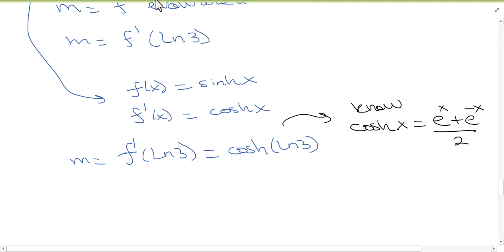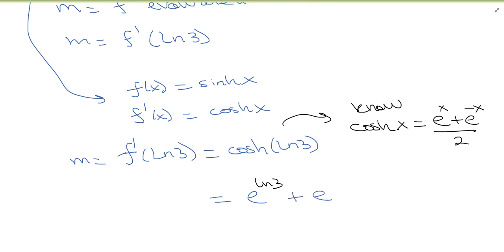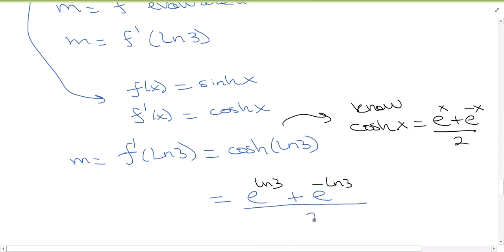So cosh of natural log of 3: x gets replaced with the natural log of 3. Everywhere I see an x, we put in natural log of 3. So I'm going to have e to the natural log of 3, I chose that value on purpose, plus e to the negative natural log of 3, divided by 2.